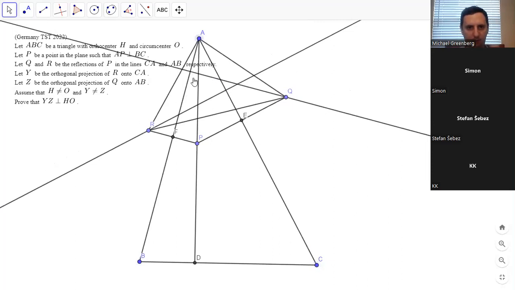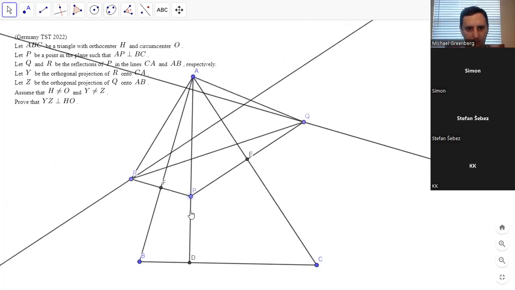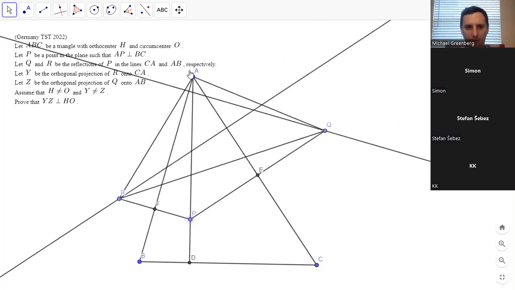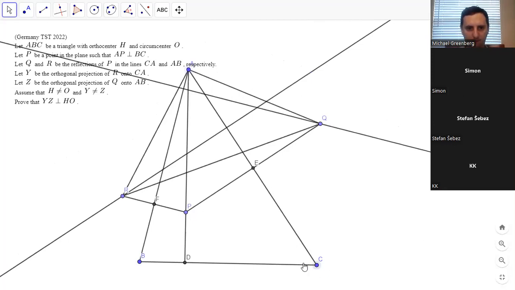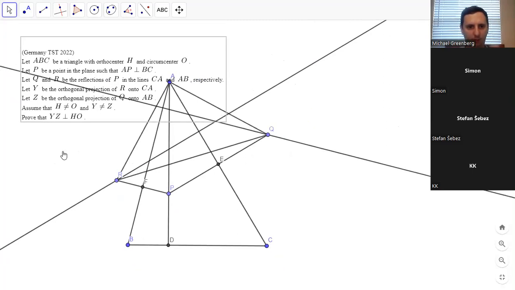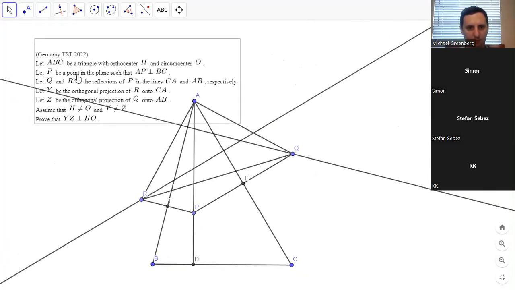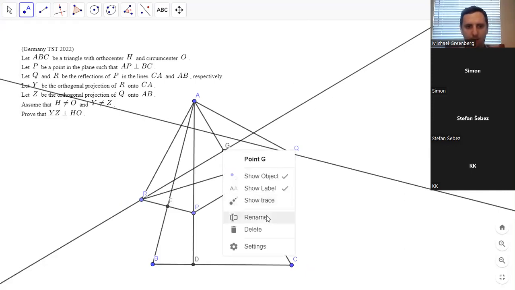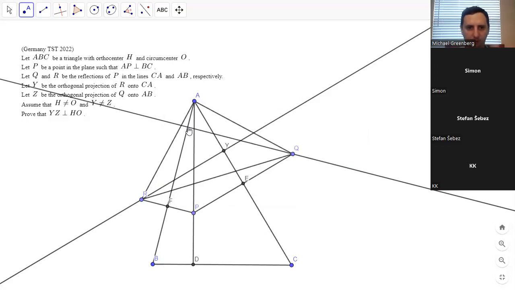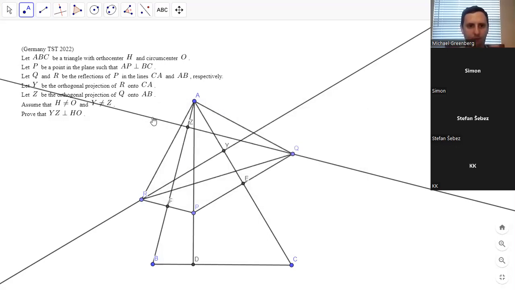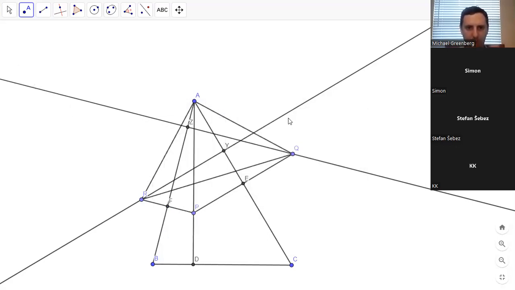So that looks pretty decent. I'll make it a little taller. There we go. All right, so let me shrink it just a tiny bit. So this is Y, and this is Z. And I still haven't drawn the orthocenter and the circumcenter. I'll do that in just a second.